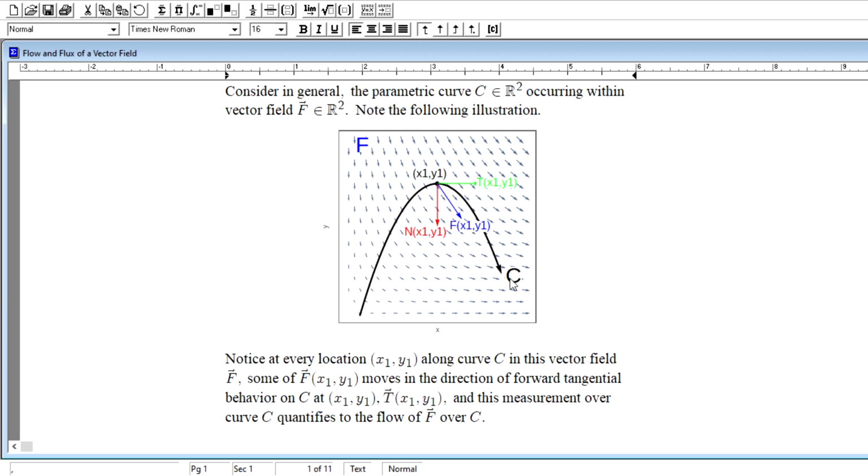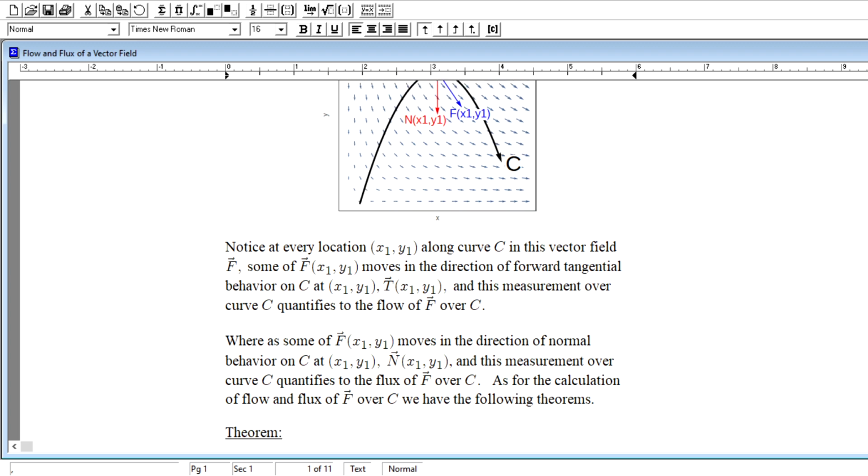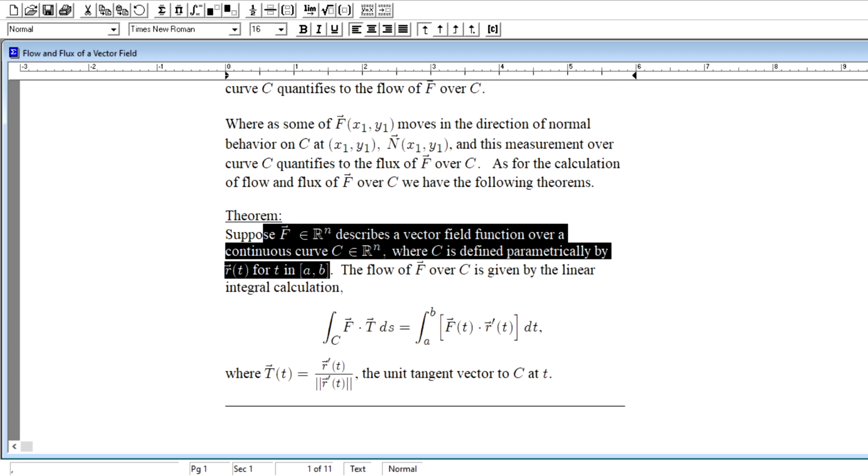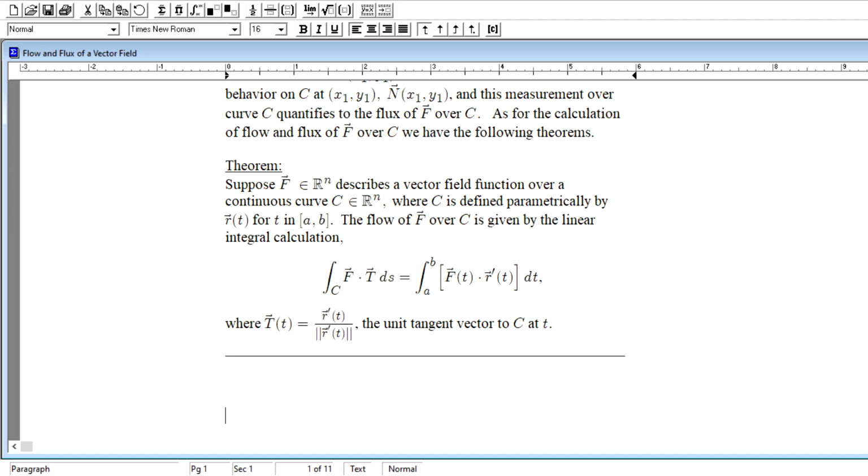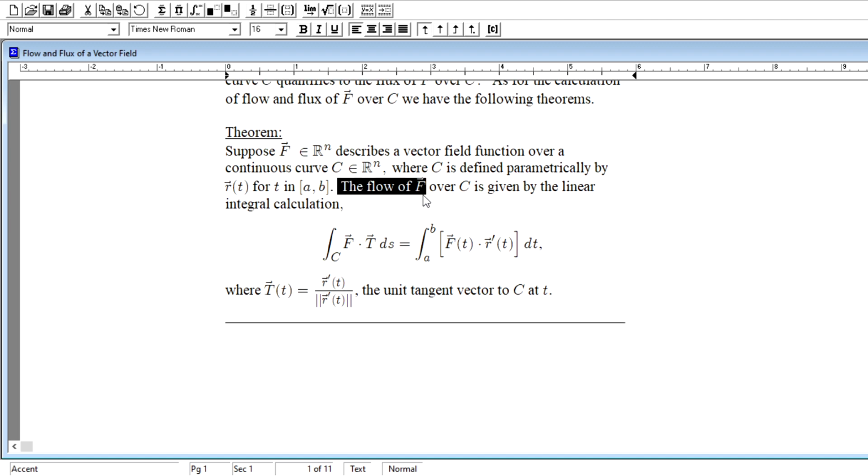We have this curve C occurring within this vector field F bar, where C is a continuous curve that we can think of as behaving parametrically, meaning it has an orientation to it, and is defined in terms of the parameter t, right? The flow of that field F bar over curve C is given by the linear integral calculation we state here.